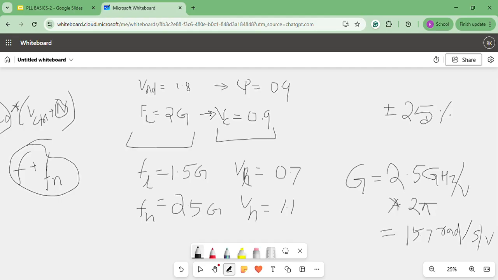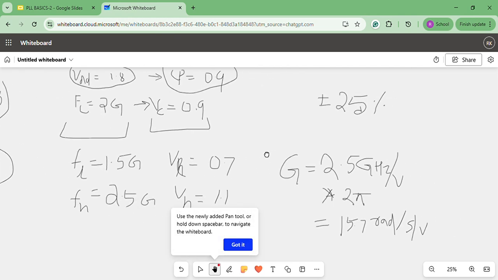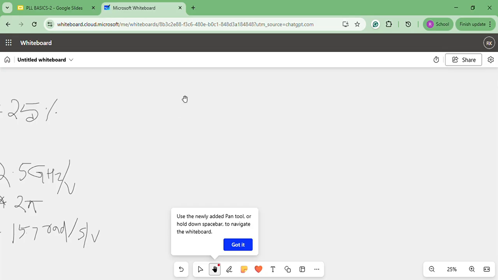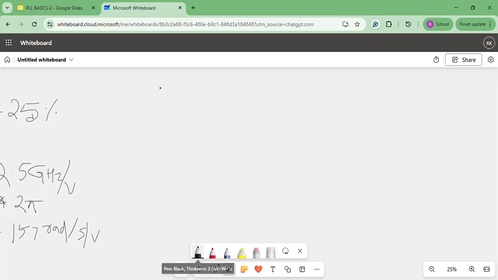So one more thing which I want to discuss in this ratio is the supply differences. I told you we are designing our PLL for 1.8, but we have designed our charge pump for 0.9. There are basically two kinds of supply in any analog circuit design: one is our core voltage and one is our IO voltage.